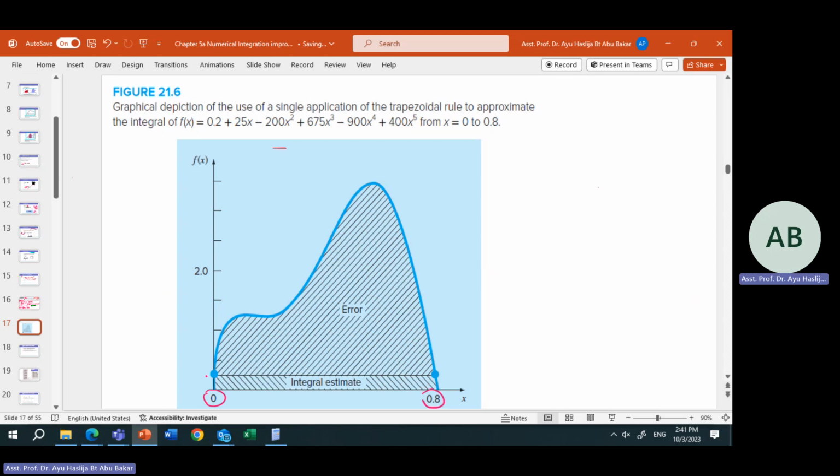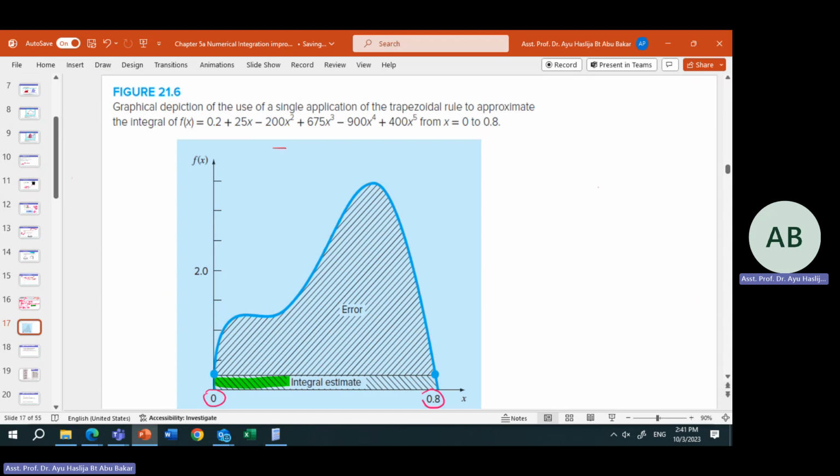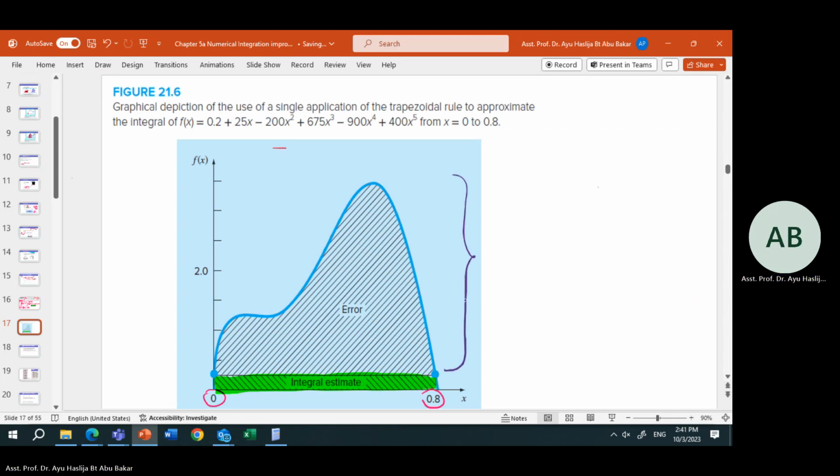Here you can see the estimated area that we calculated just now is only this part. That's why you get a big error. This whole thing is the error. Remember, n equals 1, so it involves only one segment.